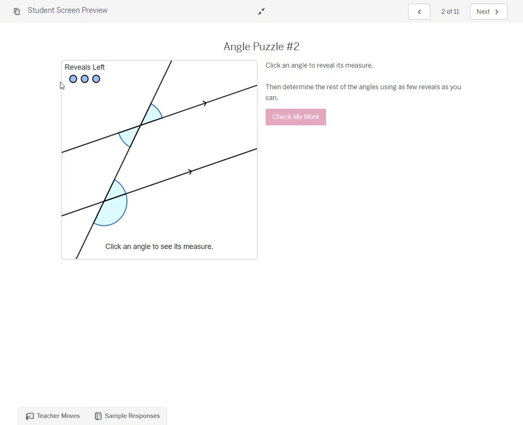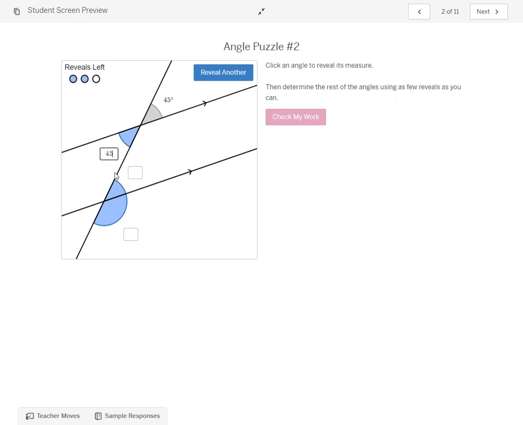So you have 3 lives. So you can ask for one of the angles, and you want to be sort of thinking ahead about which one would be best to know. So I think if I know this one, then I can tell you that one. So I'm going to click on it to reveal it. So there's 45. So now, can I get the rest of them just by knowing that that one's 45?